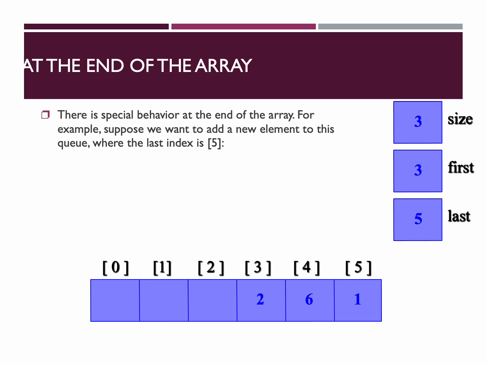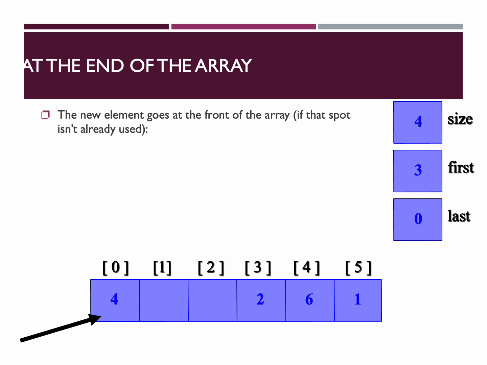In this example, suppose we want to add a number to the queue, we can do so, but it will go by putting it at location 0. So it will wrap around if that location is not already used, but if it's used already, we can just go to 1, and if 1 is also already used, then we can go to 2.